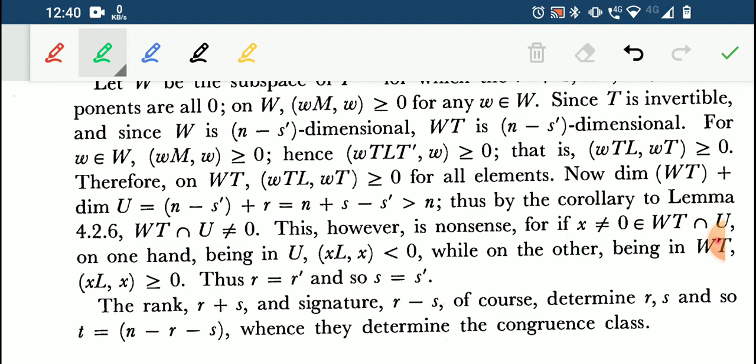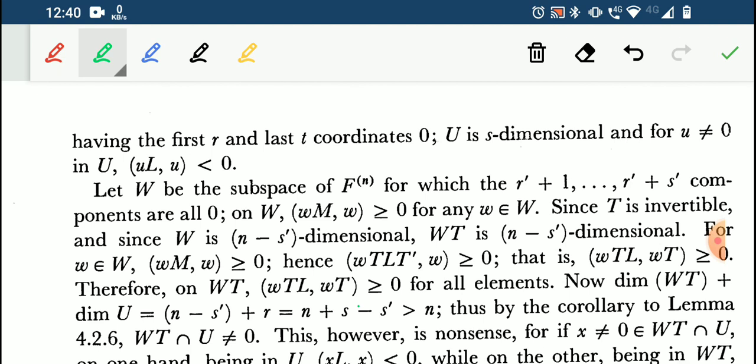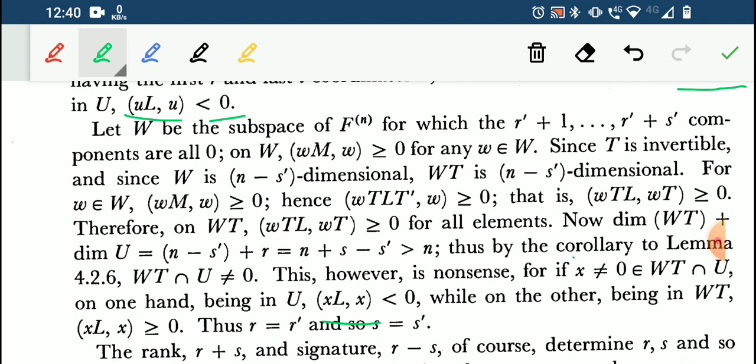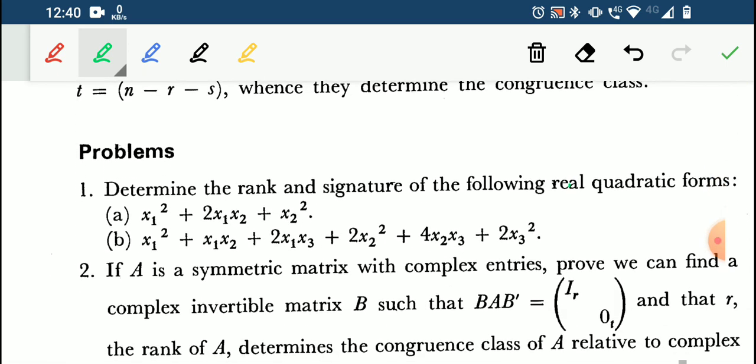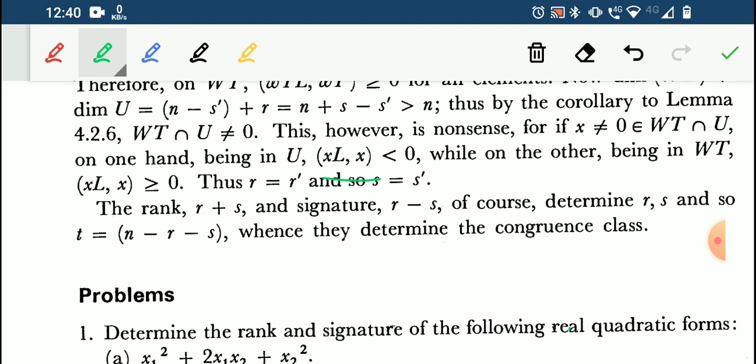On one hand, if x is not equal to 0, then by this condition, if u is not equal to 0, ul comma u will always be less than 0, and if w is not equal to 0, even by this, wm comma w will be greater than 0. So using these two things, for x not equal to 0, we get xl comma x less than 0 while being in U, and xm comma x greater than 0 while being in Wt.